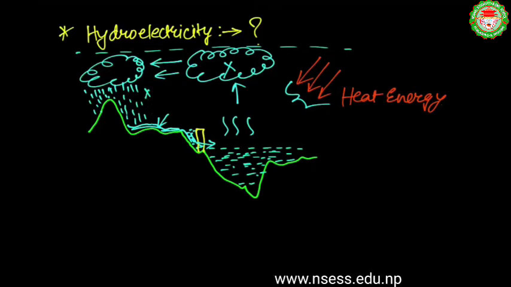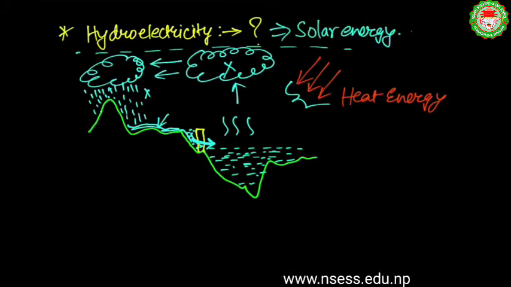But if there was no sun, if no heat was radiated from the sun, no energy was absorbed from the sun, then this process would not be possible. So we are clear that for the generation of hydroelectricity, the major source is the sun, that is solar energy radiated from the sun.